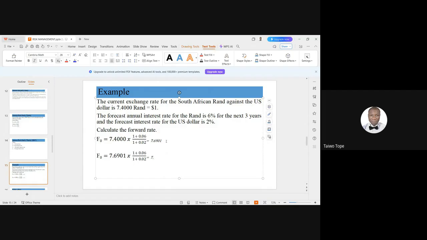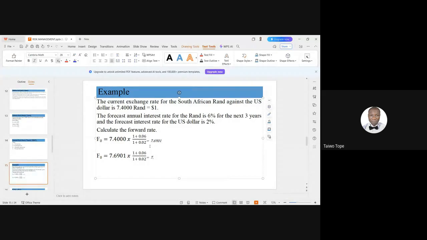Because this is at the end, the value as at the end of year one will be the value as at the beginning of year two.